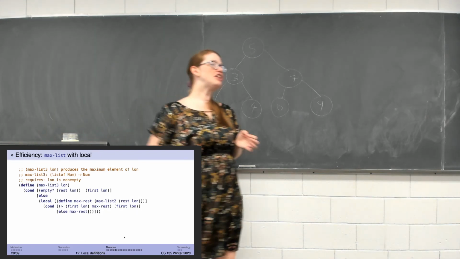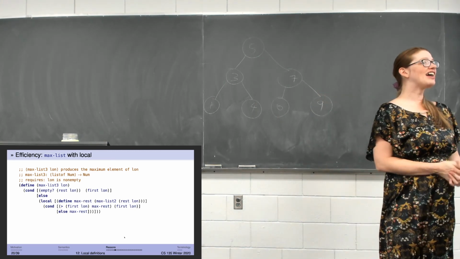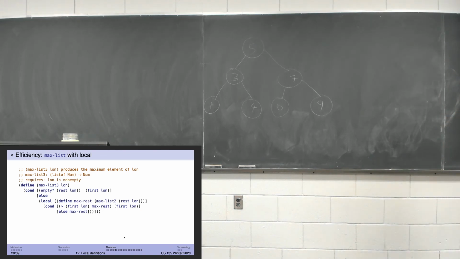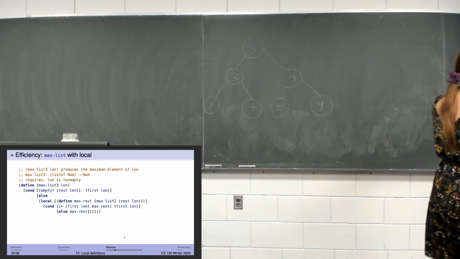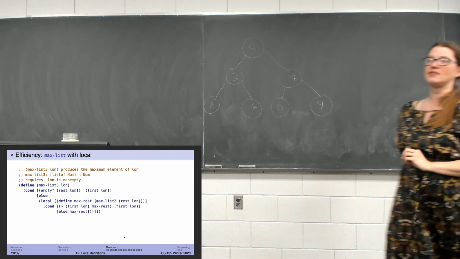Without really changing much of what we've done, but by adding a local, I can actually take this back down to linear time. So if the rest of the list is empty, we produce the first. Otherwise, I'm going to create a local that defines the maximum of the rest of the list as being a call to max on the rest of the list. I'm pre-computing a single time the maximum of the rest of the list.